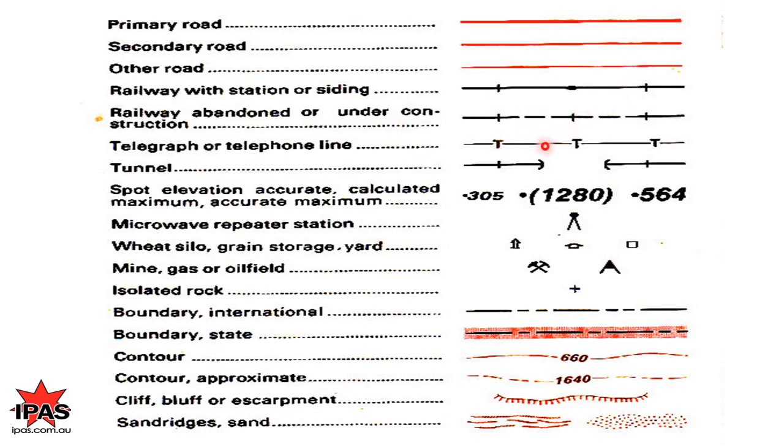And here is a power line, a telegraph or a telephone line, that is shown thus, which is different to other topo maps. Elevations, if they're in brackets, are calculated. If not in brackets, they're measured. Other indicators of some of the features we saw in the previous slides: contour lines, escarpments, cliffs and bluffs, etc.